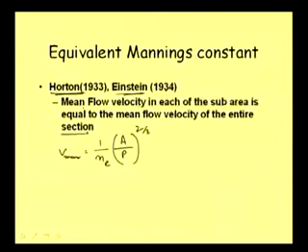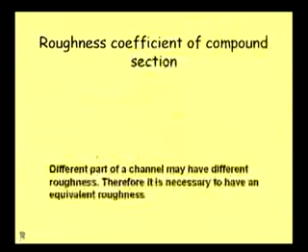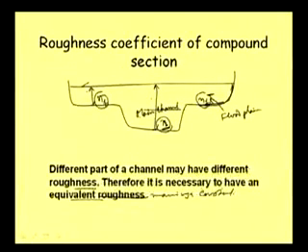Well, this S again we can consider the same for all the sections. This S we can consider the same for all the sub areas here: what is the bed slope, or here what is the friction slope, and here what is the friction slope, that we can consider the same. Okay.